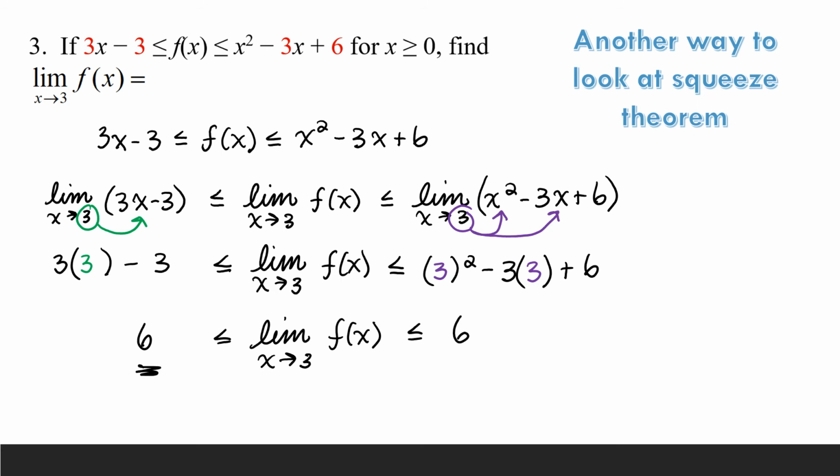It has to both be greater than or equal to 6 and less than or equal to 6, which leaves us with it having to actually be equal to 6. So we can conclude that the limit as x approaches 3 of f of x is equal to 6 by Squeeze theorem.